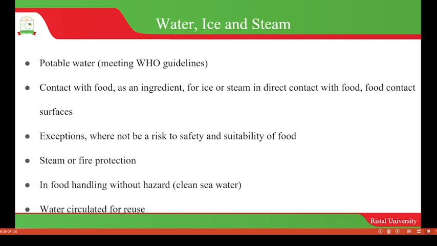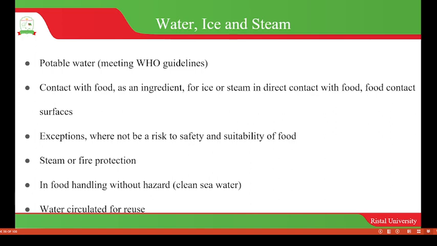Then the water which we are going to use for cleaning the contact surfaces will also be potable water. All these are to prevent cross contamination. Then there are exceptions where there is no risk to safety and suitability of food.